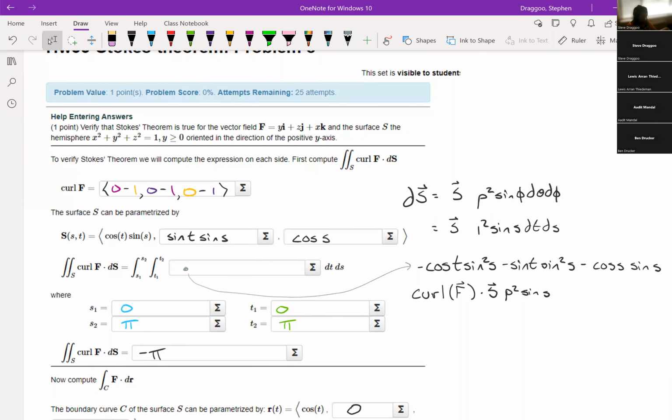What's next? So this thing was a hemisphere. I think this is the main point that I wanted to talk about in this problem. So we've got a hemisphere. Particularly, though, it is the right half of the hemisphere because y is greater than or equal to 0.